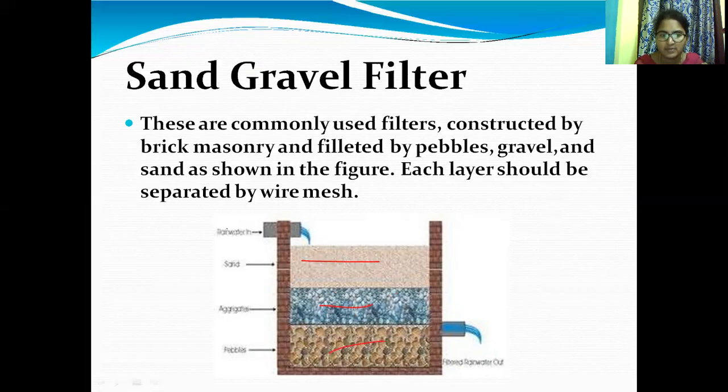So water comes from the rooftops, and that rainwater will pass through these three layers, and then the filtered water comes out from the outside. It is constructed of brick using these three layers. Each layer should be separated by wire mesh, so that the water will be filtered.